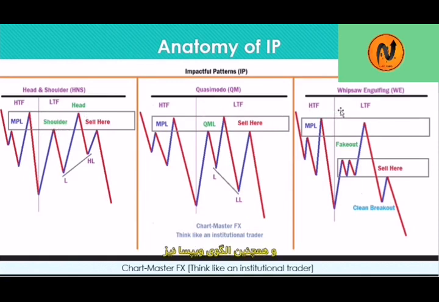And the whipsaw engulfment is more effective than the head and shoulder. So this is the least effective one. And between these two, the Quasimodo is more effective than the whipsaw engulfing. You need to know that, guys.